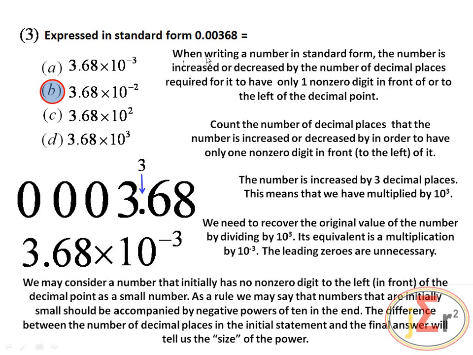So we are going to write this in standard form. What do we do? We adjust this by 1, 2, 3 decimal places. So we know it's 10 to the power of 3 in the end.